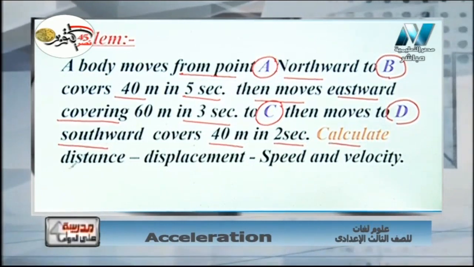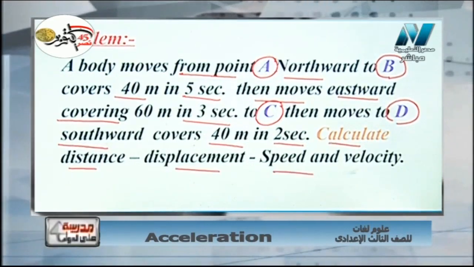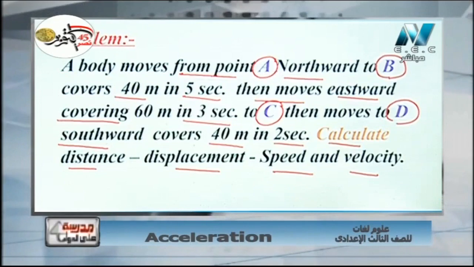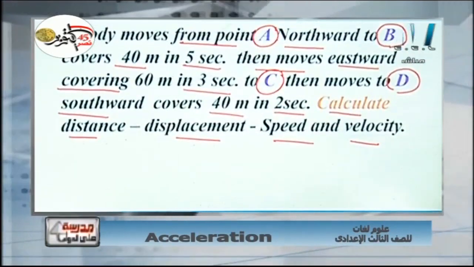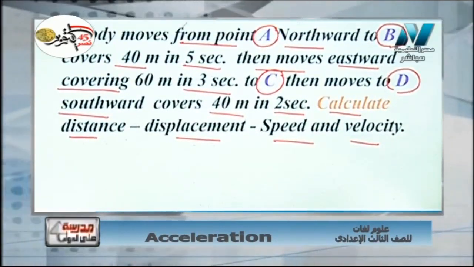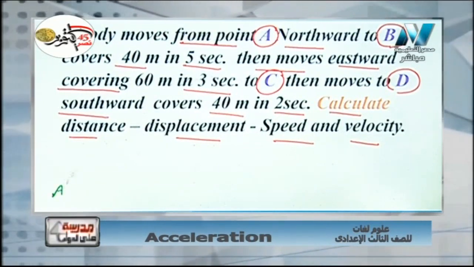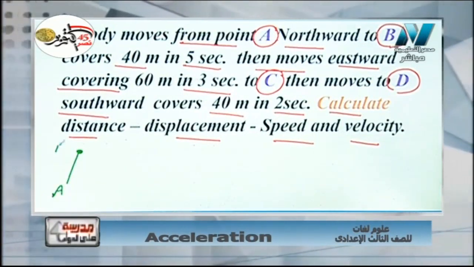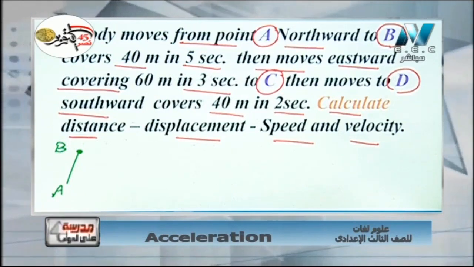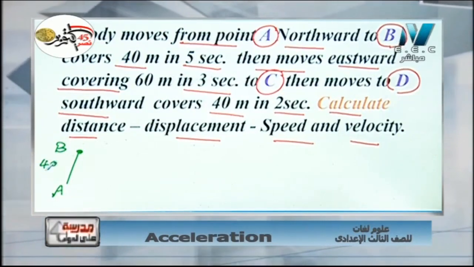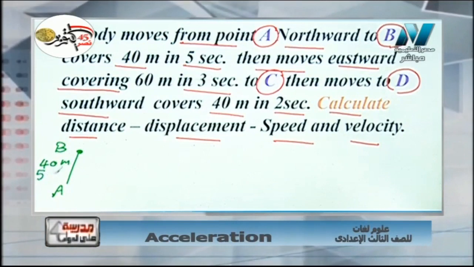Calculate distance, displacement, speed and velocity. It's not difficult. I will just draw without a ruler. A to B is upward because it says northward: 40 meters in 5 seconds.